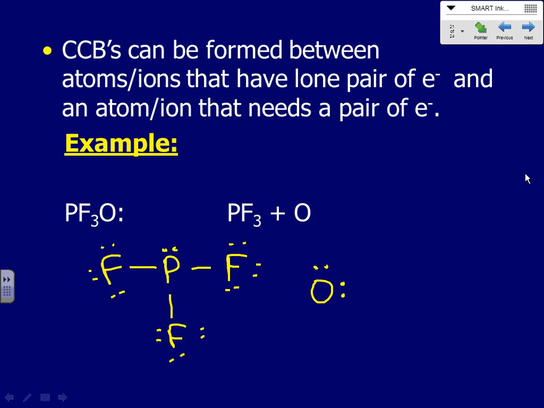Yes, it's got 2 lone pairs, but under the right conditions, it can shift that one over with that one to form a pair, and now you'll notice there's a void with 2 missing electrons. It has a need for 2 electrons. So it can shift that electron over, and now it can form a connection, and you'll notice there's all kinds of electrons to pick from, and it turns out that the phosphorus one is the easiest one.